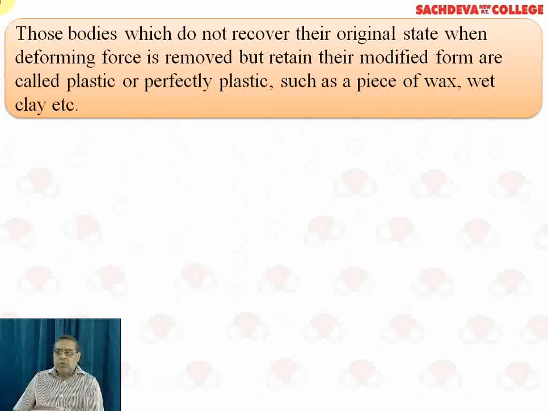Those bodies which do not recover their original state when the deforming force is removed but retain their modified form are called plastic or perfectly plastic, such as a piece of wax, wet clay, etc. So just in brief, we can say plasticity is the property due to which the body will never come back to its original position when the applied force is removed, and the examples are being given.